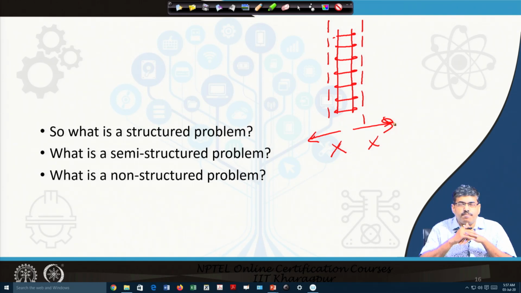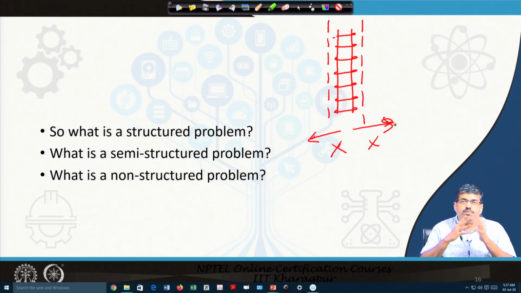For example, your wristwatch, it is moving in a particular motion, very well defined. It will move in that particular motion. So, it is very structured.